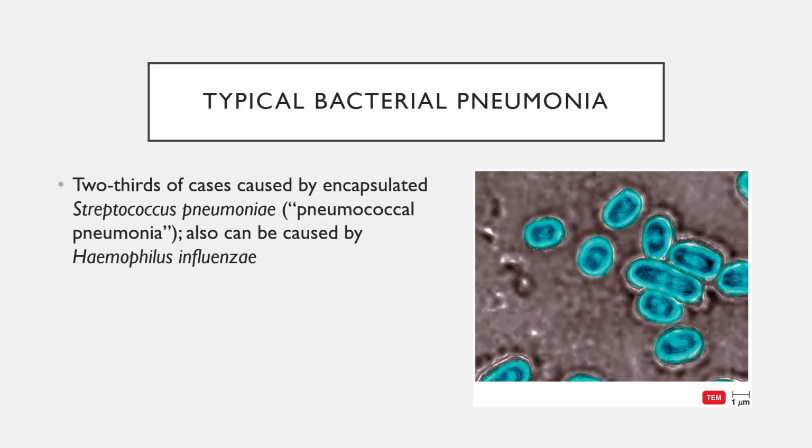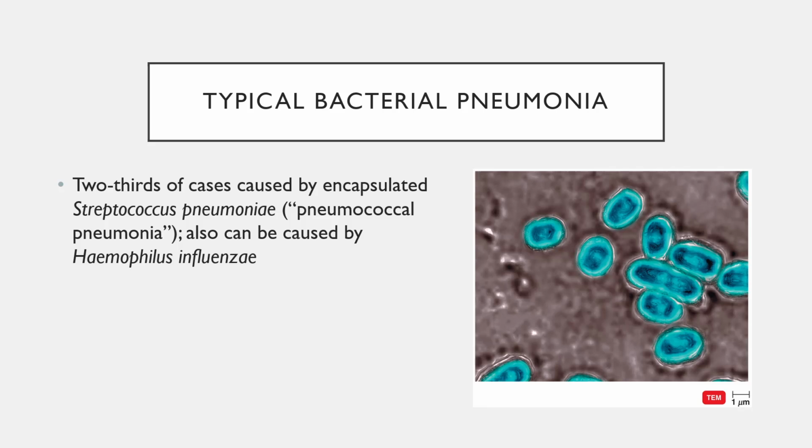We will also discuss atypical bacterial causes of pneumonia in just a few slides. But as far as typical causes, there is one pathogen that stands out among typical causes of bacterial pneumonia. 2/3 of cases are caused by encapsulated Streptococcus pneumoniae, and these cases are referred to as pneumococcal pneumonia. Another of the more common causes is Haemophilus influenzae.